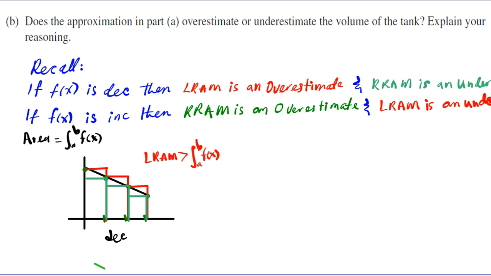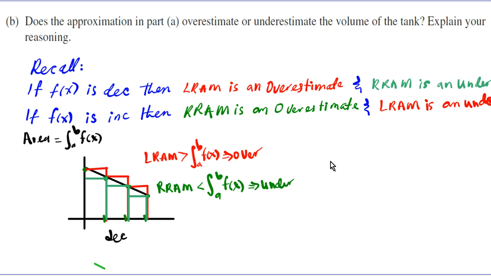Okay, so this one is an overestimate, and on the flip side, the right rectangular approximation is smaller than the exact area, the integral from a to b of the function. So that implies that we have an underestimation.